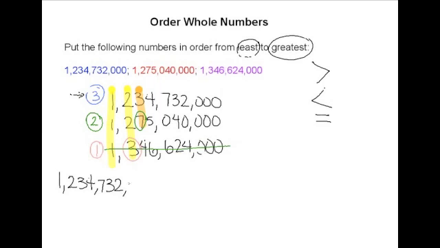Now this number is smaller than the number 2. So I'm going to put my less than symbol because I'm reading from left to right, and this one is less than, so I need the less than symbol before I write my next number.